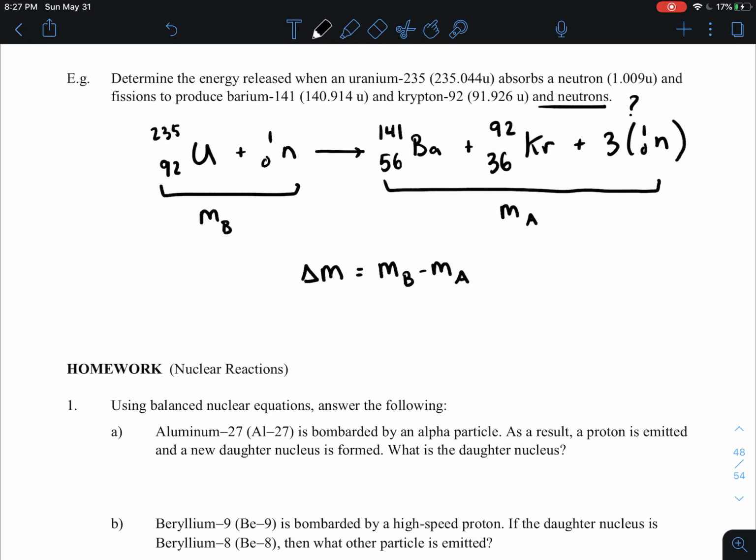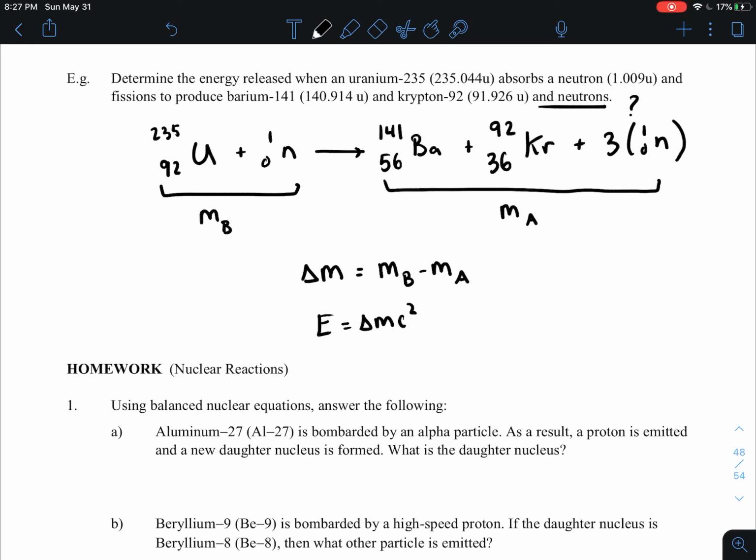From this mass, I then want to convert it once again to kilograms, and then I want to find the energy by using delta m c squared. And we could convert it into mega electron volts if need be. All right, so I'm just going to keep all the numbers first off in atomic mass units, then find the change in mass, then convert it to kilograms instead of converting each of them into kilograms.